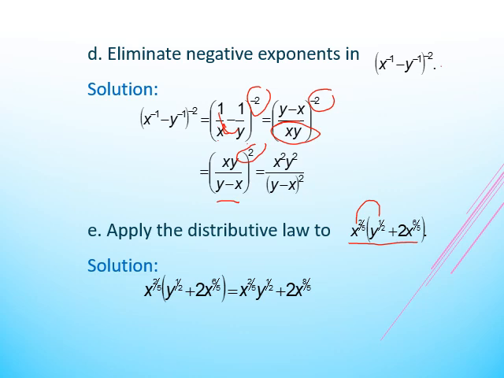But here, if you multiply x to the power 2 over 5 times 2x to the power 6 over 5, now we have the same base, x and x. So we should add the powers. The result will be 2x to the power 8 over 5, which is 2 over 5 plus 6 over 5 equal to 8 over 5.